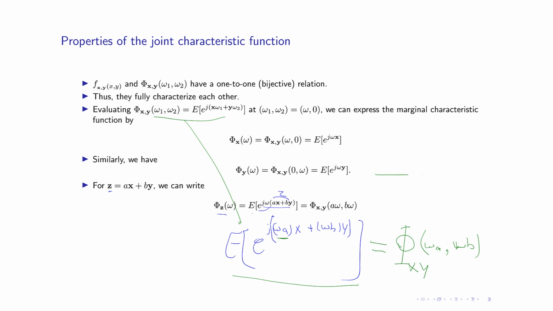So basically, on a line which has some slope controlled by a and b, if you look at this line, it is going to give you your distribution. So a linear combination in the characteristic domain is easy. You just replace the pair omega 1 and omega 2 by a omega and b omega, and then you get your distribution in the characteristic domain. So obtaining the distribution of a linear combination should be easy in the characteristic domain.